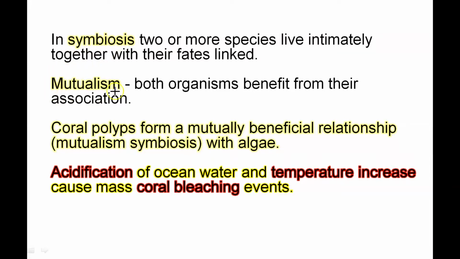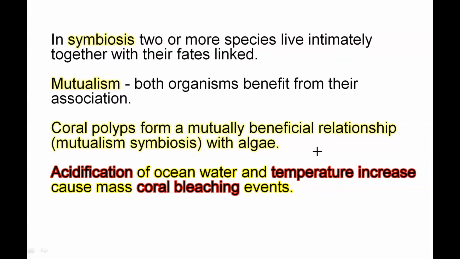And if the relationship between two organisms is mutually beneficial, this relationship is called mutualism. So coral polyps form a mutually beneficial relationship, or mutualism symbiosis, with algae. Algae actually live in the tissue of the corals, and they give corals their color, the gold or the red, etc. Those are tiny microscopic algae that live in the tissue of coral polyps.